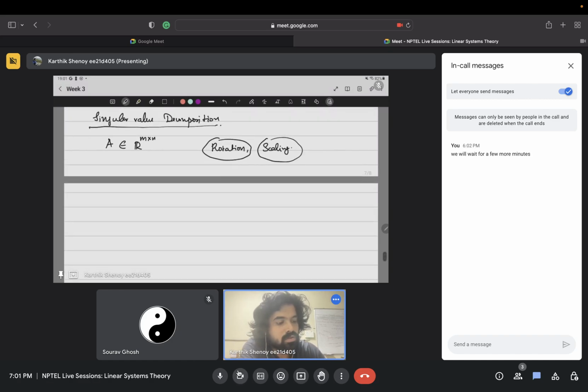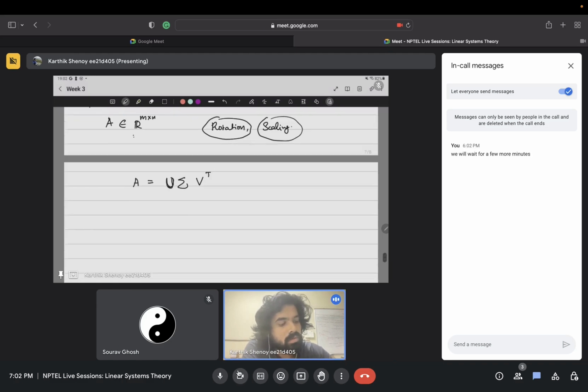So you have A equal to U sigma V transpose, or V conjugate transpose. We are only looking at real matrices, so it's just transpose. U and V are unitary matrices, or orthogonal matrices; unitary is in the complex space. So U and V are orthogonal matrices, which means U transpose U is identity.